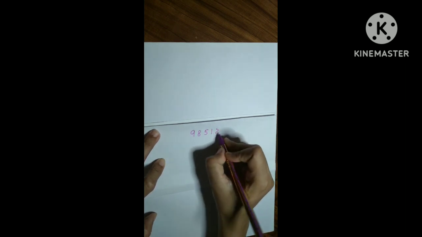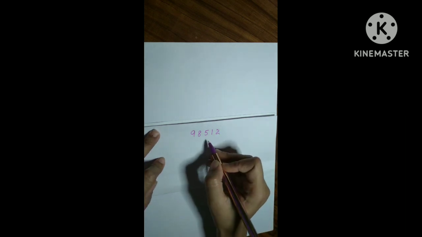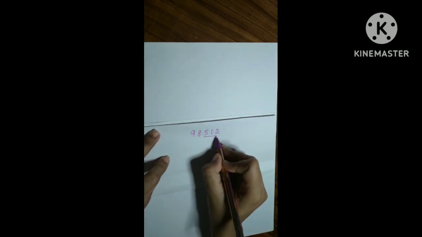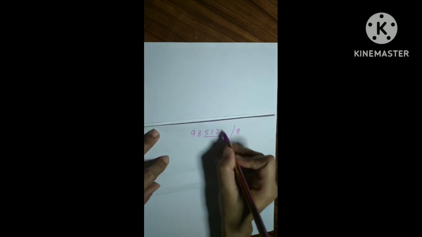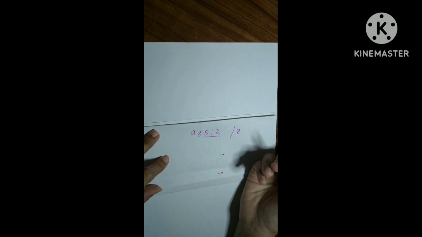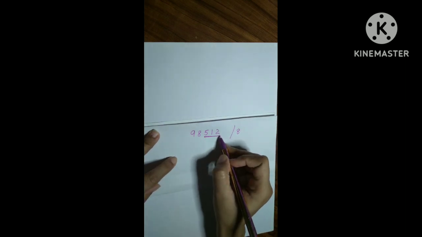Divisibility by 8. It says if the last 3 digits are divisible by 8, the whole number will be divisible by 8.